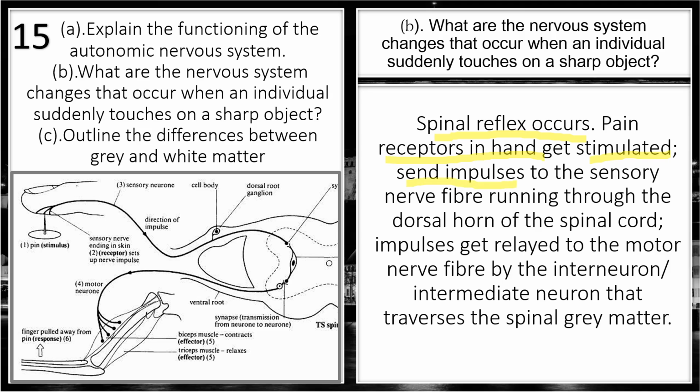They will send impulses to the sensory nerve fiber running through the dorsal horn of the spinal cord, and the impulse gets relayed to the motor nerve fiber by the interneuron or intermediate neuron that traverses the spinal gray matter.